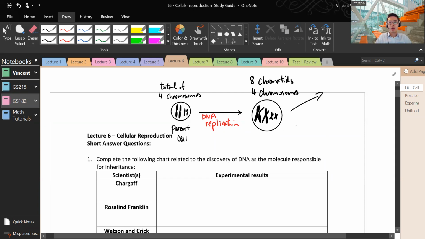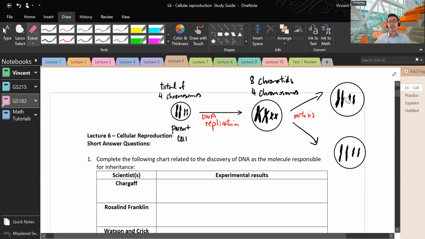So when you do cell division, when you do mitosis, the chromosomes will separate. And once again, you will be back to 4 chromatids. We don't actually call them chromatids anymore since they're not really attached, but you will be back to the same amount of genetic material that you started with.